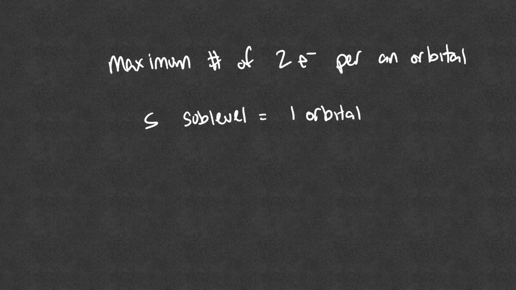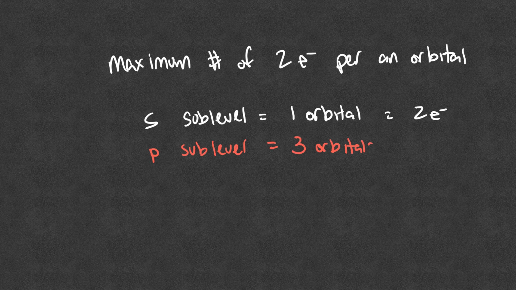How many electrons could fit within the S sublevel? Only a maximum of 2 electrons. We know that the P sublevel contains 3 orbitals, so the maximum electrons that could fit in the P sublevel would be 3 times 2, which is 6 electrons.